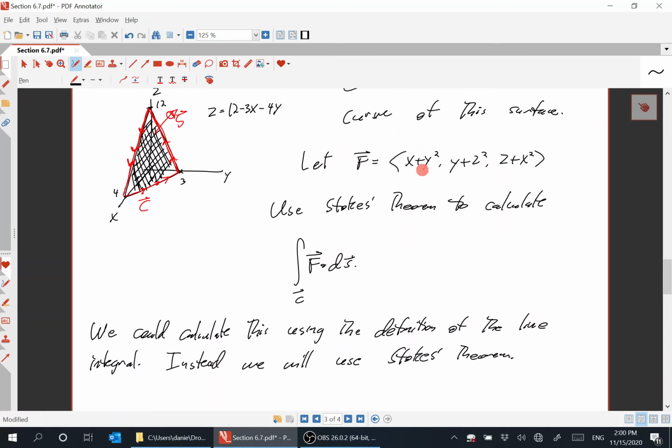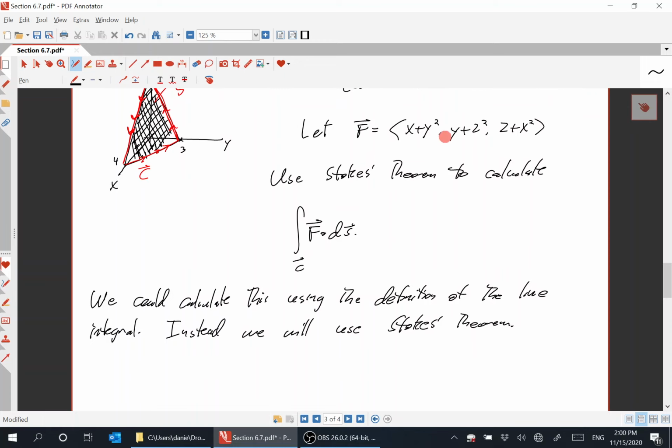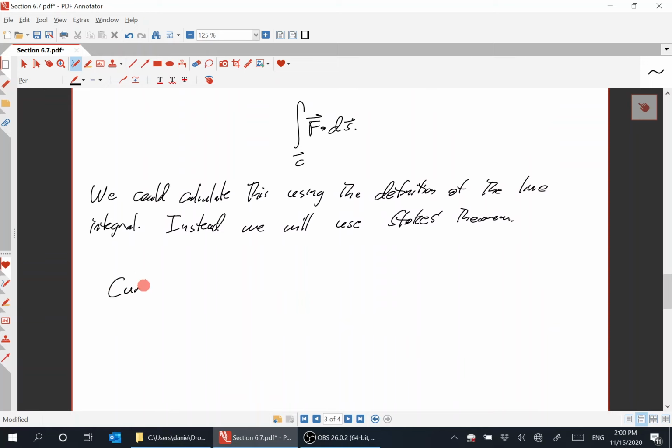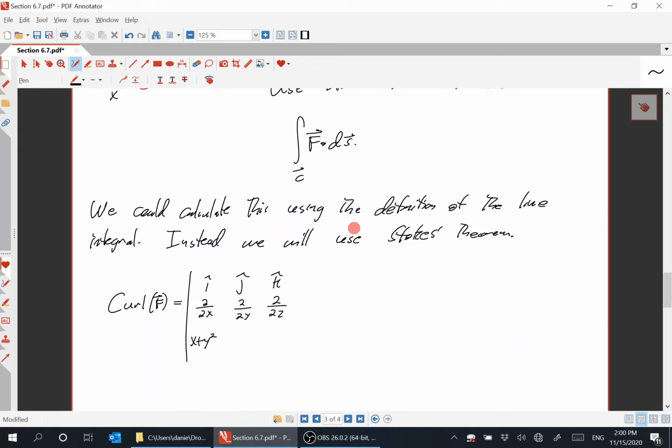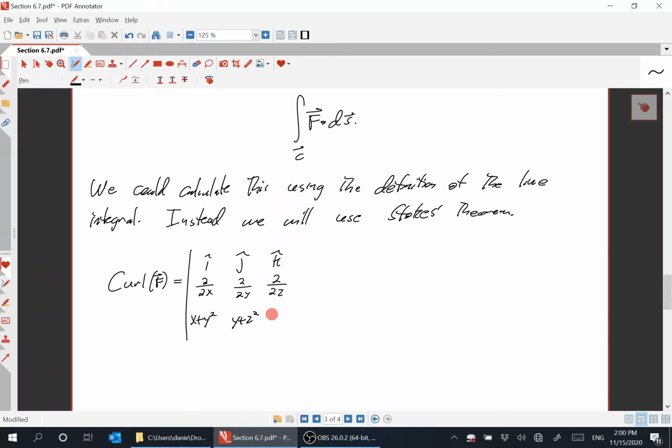Okay, well, in Stokes' theorem, we need to know what the curl is, right? So the curl of f is equal to the determinant of i, j, k, partial with respect to x, partial with respect to y, partial with respect to z, x plus y squared, y plus z squared, z plus x squared.